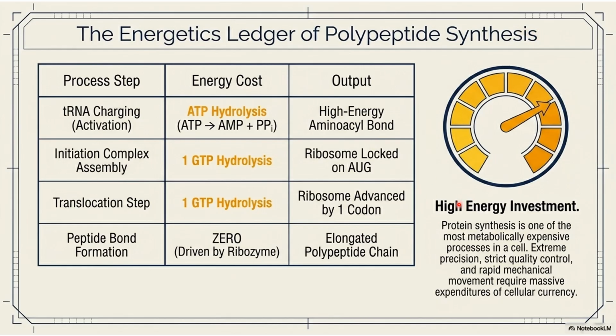Protein synthesis is a high energy investment process, a metabolically expensive process. It is done under extreme precision, strict quality control, and rapid mechanical movement, which require massive expenditure of cellular currency. So how is the proofreading taking place?